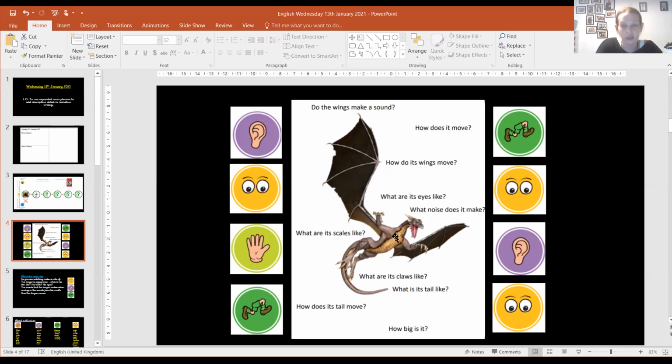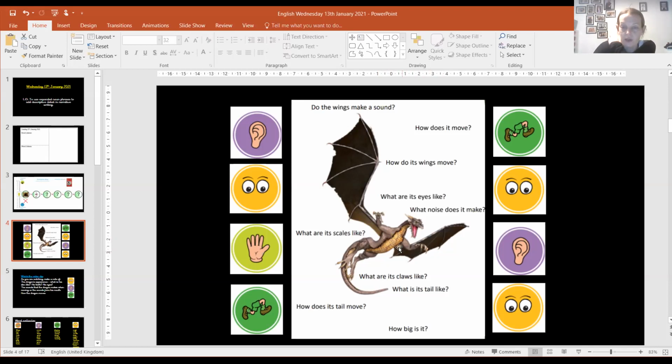I suppose he could be tiny if you wanted to make him especially ferocious. The way he looks, he could be small with a very, very, very strong bite. That's up to you. You can use your imagination as much as you want. This picture here is just if you need some help to describe the dragon.